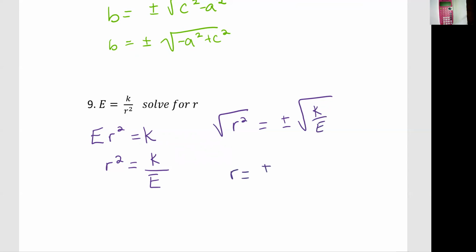So r is equal to plus or minus the square root of K over E. I will warn you in my math lab, if it's a capital letter E, be sure that you use the same case for the variable. That's it.